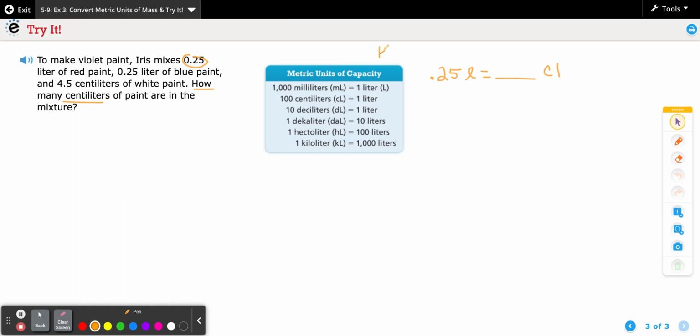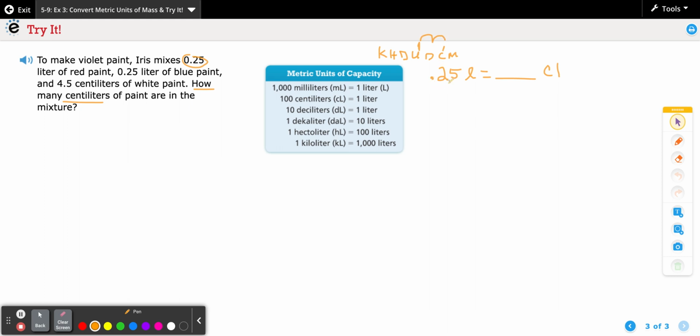All right. King Henry died unexpectedly drinking chocolate milk. Right now I'm at liters, and I need to go to centiliters right here. So that's 2 jumps to the right.